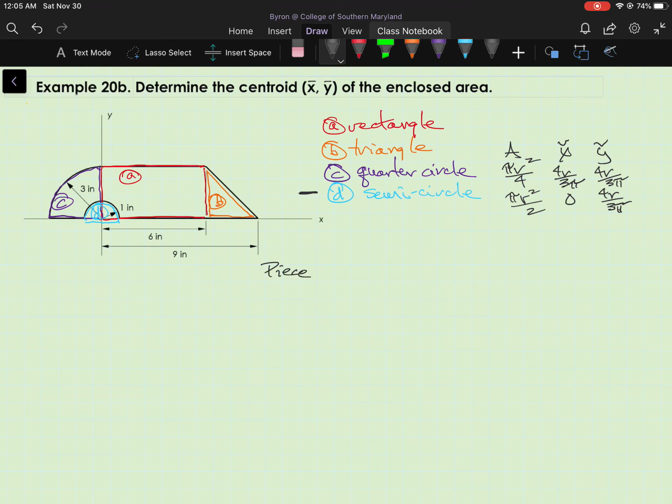I'm going to have an area column. My units are going to be inches squared for that. I'm going to have an x tilde column. Units are inches. A y tilde column.